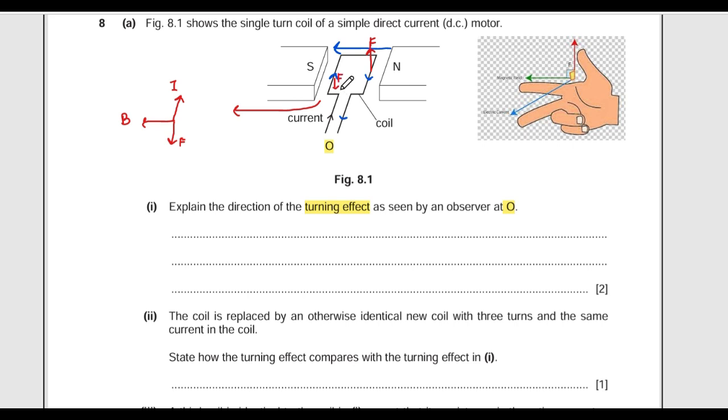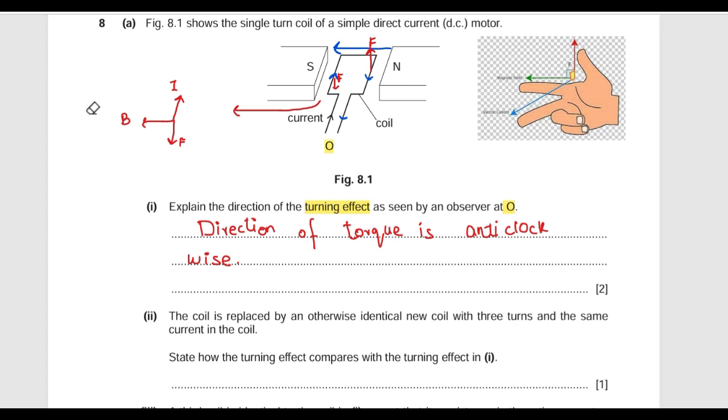So this upward and downward force will create a couple or a torque or a turning effect, which will rotate this coil. And from these forces you can observe the coil will rotate anti-clockwise. Direction of torque is anti-clockwise.